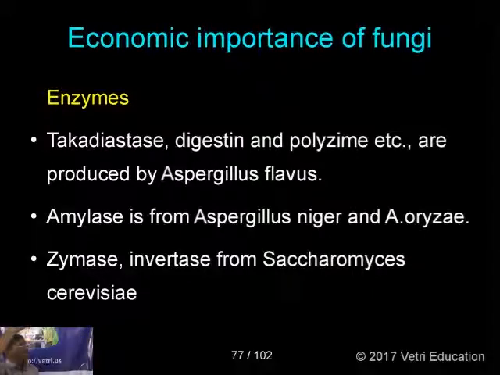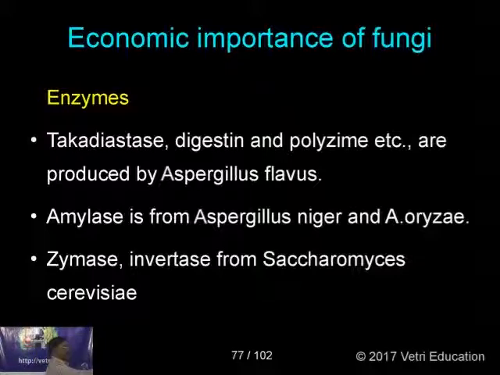Next, we'll see the enzymes. I told you already, zymase is obtained from Saccharomyces, or yeast. Many other enzymes are also obtained from different fungi. Takadiastase, diastase, and polyzyme, etc. are produced by Aspergillus flavus.